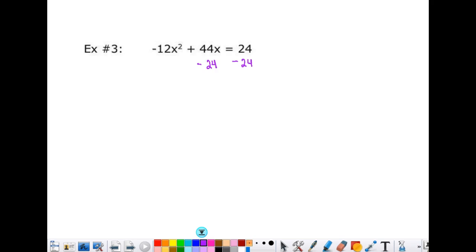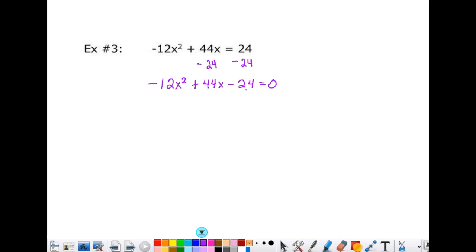Your equal sign is the fence. Negative 12x squared. And you got to get this in the right order now. What comes next? The 44x and then minus 24 equals 0. It's x squared, x, and then the constant, the plain number. So we got that part fixed, which is not hard to fix.